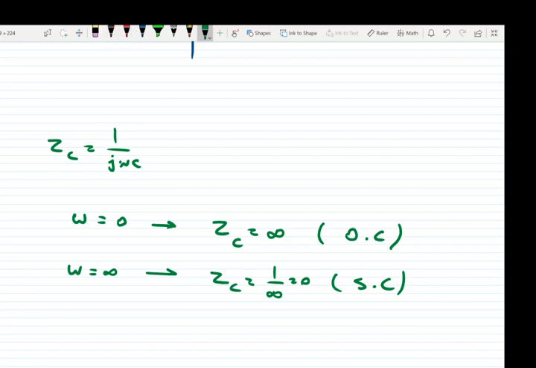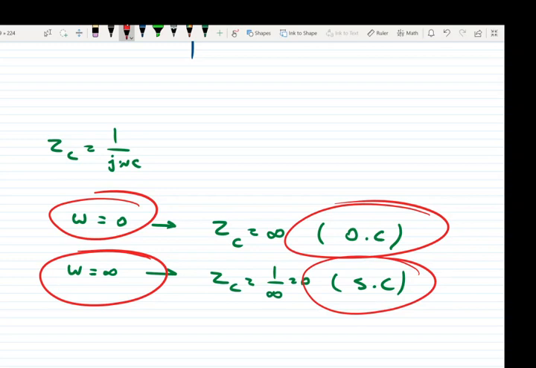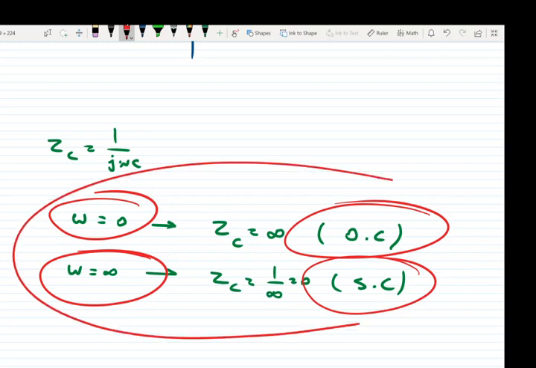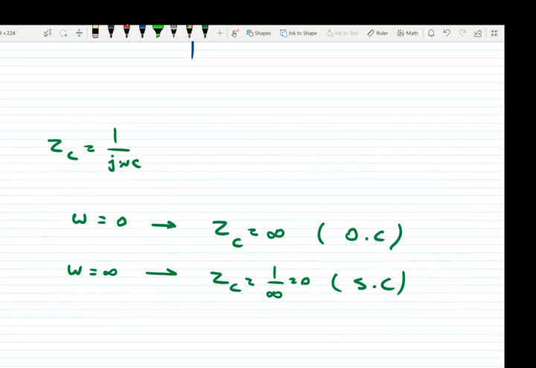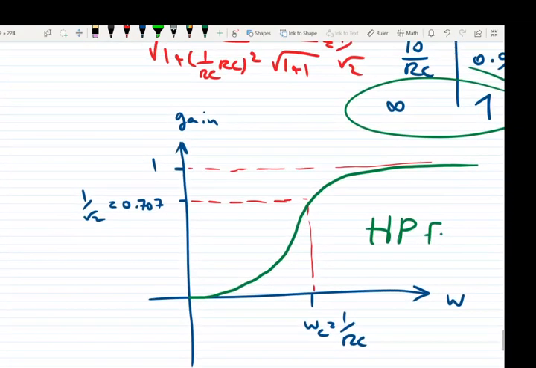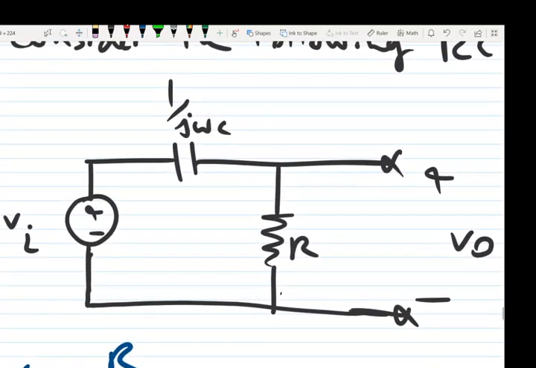So we can say for omega 0, the capacitor is an open circuit. For omega infinity, the capacitor is a short circuit. Using this information, we can determine the type of the filter by just looking at the circuit. So here is the circuit. Let's just guess what kind of filter this circuit is without solving it.